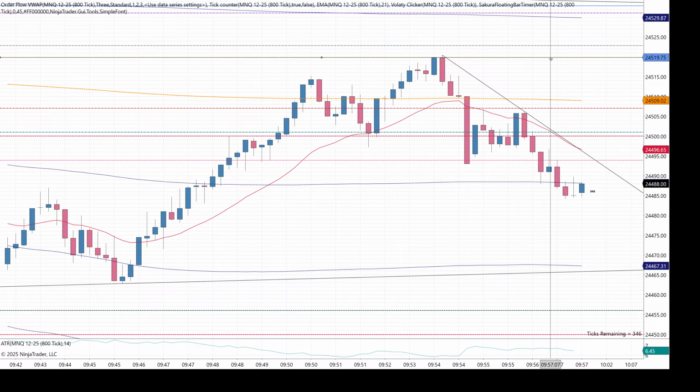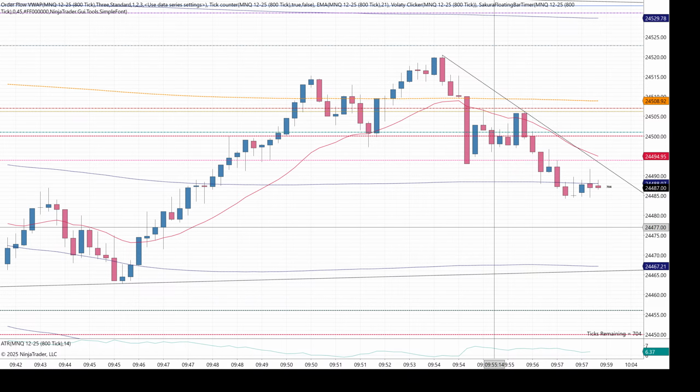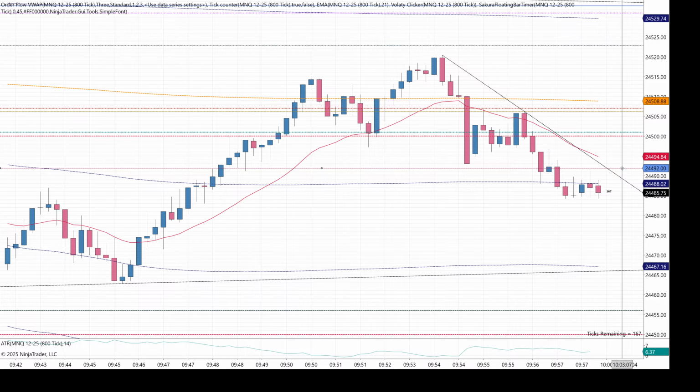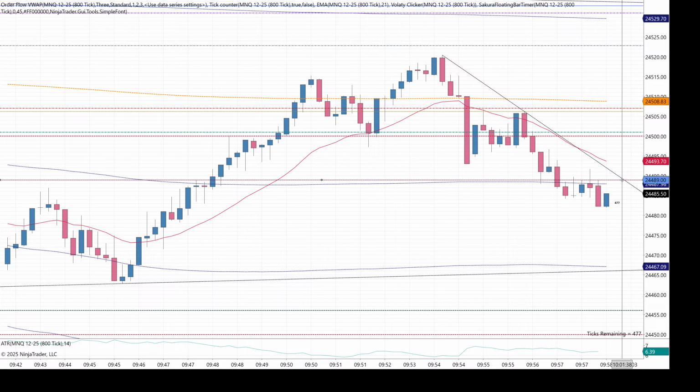Golden ruler also moves down. Okay, runner moves down. Moves down again.